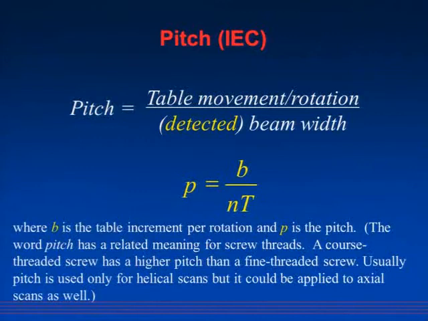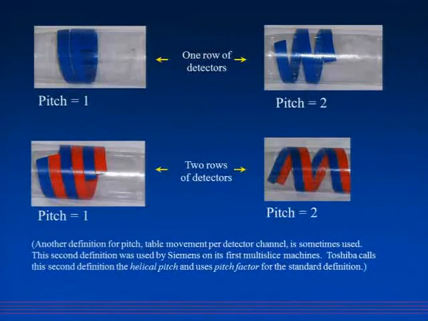The smaller the pitch, the more the overlap of the beams; the higher the pitch, you might even avoid overlap altogether if you have a pitch greater than 1. This is sort of how it works. Here the pitch is 1, here the pitch is 2, and here we have a multi-slice CT, and here the pitch is 1, and here the pitch is 2.